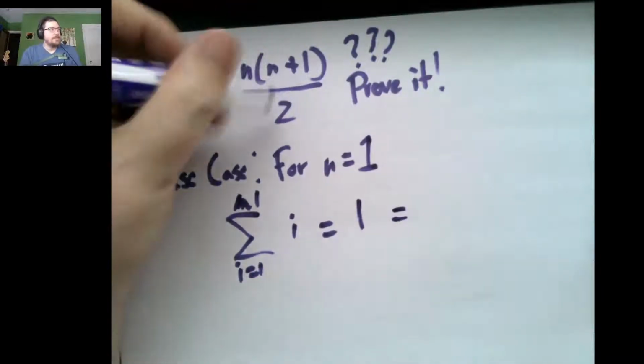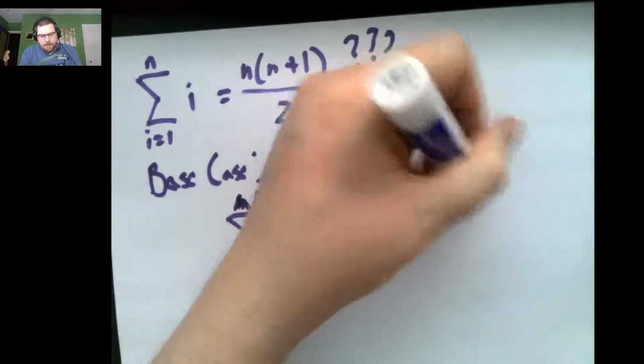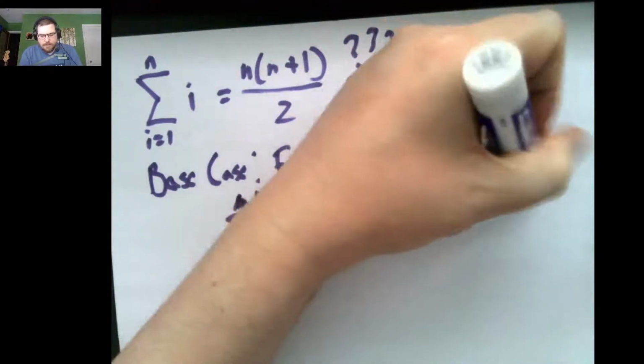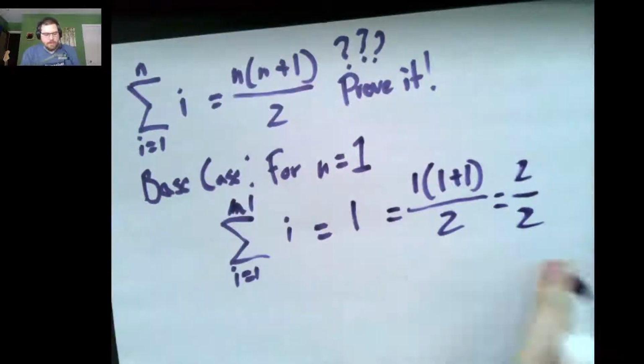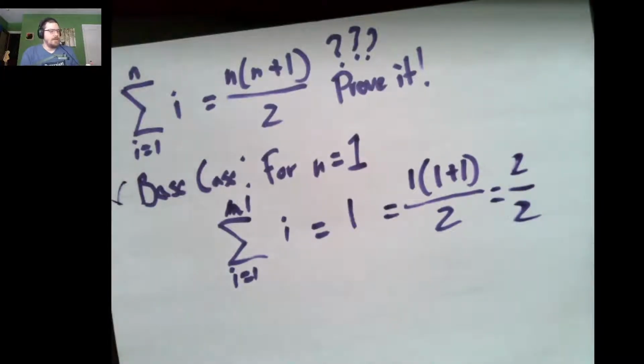And then over here, we substitute it into this equation to say 1 times 1 plus 1 over 2, so this is 2 over 2. So all of these things are equal. Cool. So check, the base case works. Excellent.